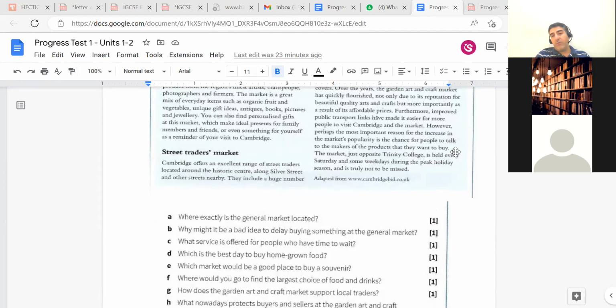And what type of questions for reading part 1 or reading unit 2? What type of questions? Yes, short answer questions.